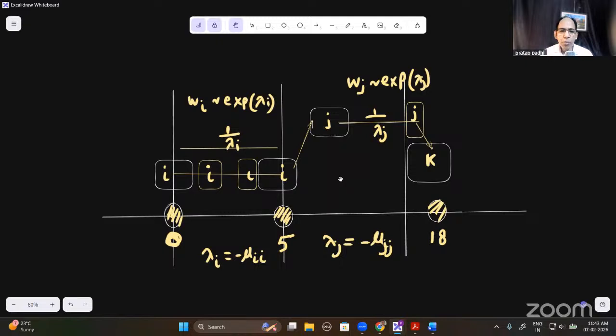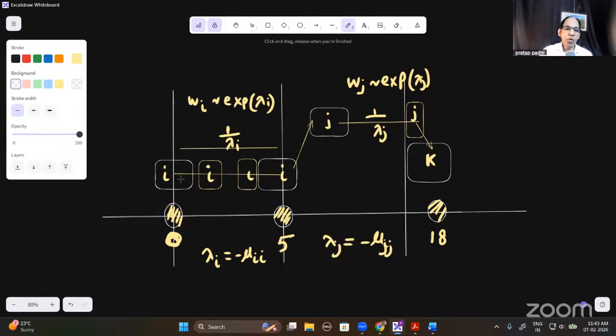Now the thing is, suppose one is at I. Once it leaves the state I, where will it go? That is the first question. It's not only holding time. When it's making a transition, what is the probability that it will go from I to j? That also you have to know.